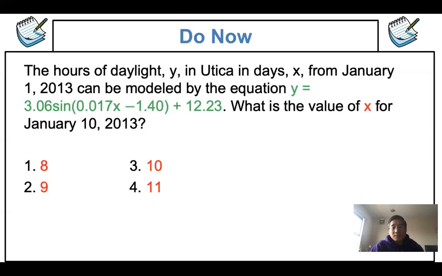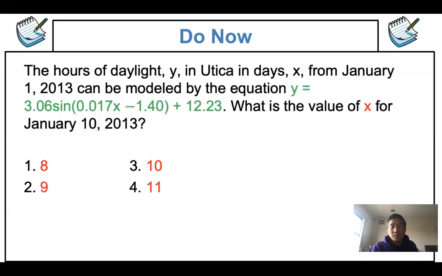It is sometimes very confusing, and if you get it wrong, you are going to be wrong with only 1 day difference. From January 1st to January 10th, how many days passed? 10 days? No. January 1 is the starting day, the first day is 0, right?